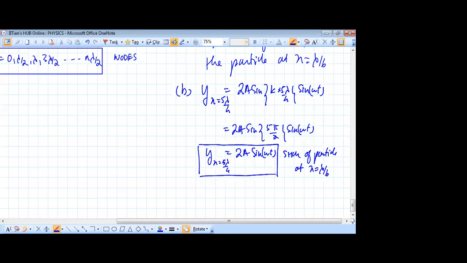It is not necessary that it is 2a cos kx. That depends on the phase of the waves which are starting, y1 and y2. So it can have generally any phase. The general equation was 2a cos kx plus phi by 2, sine omega t plus some phi by 2, like that. So we can select accordingly.